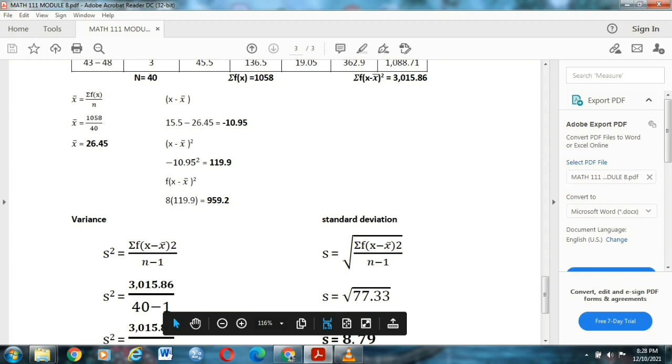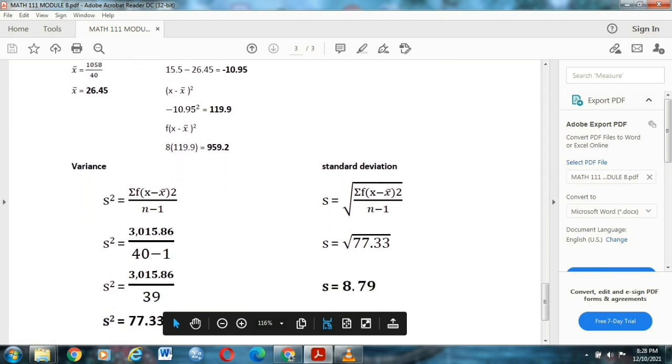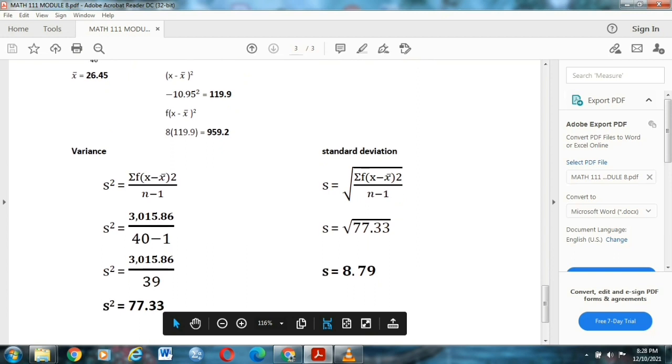So, n minus 1. So, 40 minus 1 is 39. And then, i-divide natin 3,015.86 divided by 39 is 77.33. So, ito yung magiging variance natin.